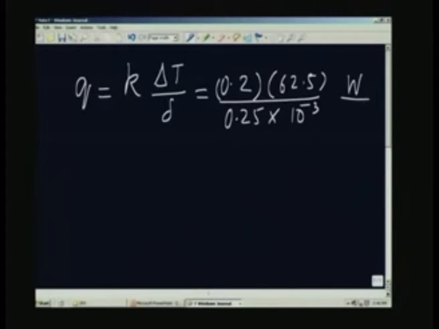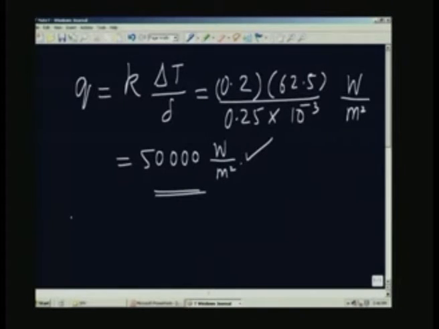This will be so many watts per square meter, and it comes to 50,000 watts per square meter. So, a typical thin film gauge which is subjected to a heat flux of 50,000 watts per square meter will develop about 0.1 volt or 100 millivolts of output.